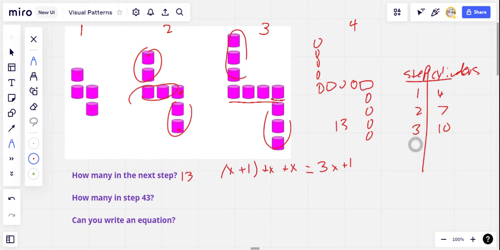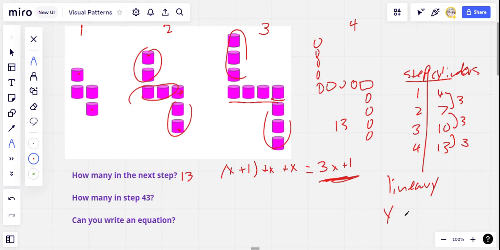And we're saying in step 4 there should be 13. So let's examine the difference in each step number. So 7 minus 4, that's a difference of 3. 10 minus 7, difference of 3. 13 minus 10, difference of 3. This is looking good. When the differences are constant from step to step, it should be a linear pattern. And that's what we have right here, a linear equation.